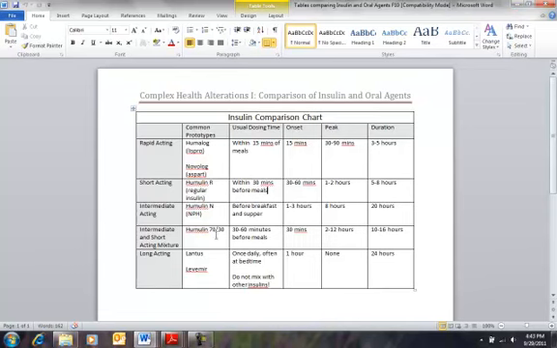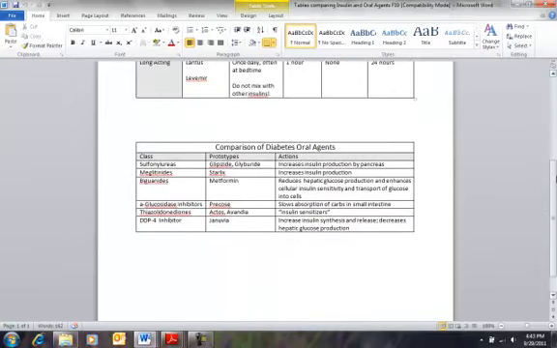So, back to our insulin table. We know our symptoms of hypoglycemia. Also know our oral agents. Know the prototypes and the basic actions. Which ones actually increase insulin production, meaning you're going to want to check blood sugars before giving that and making sure they're eating before giving it.